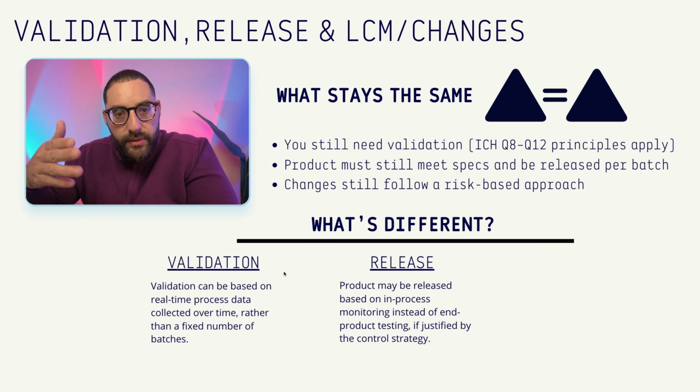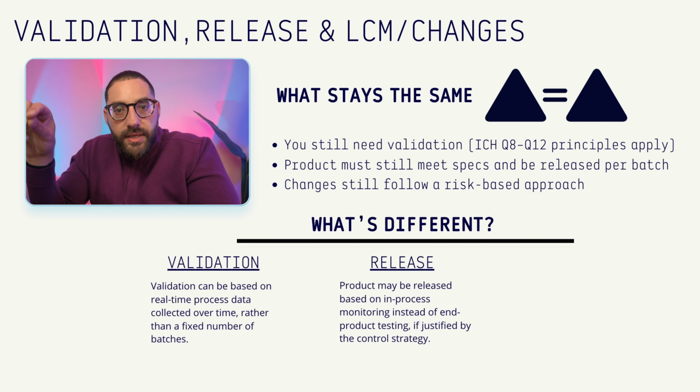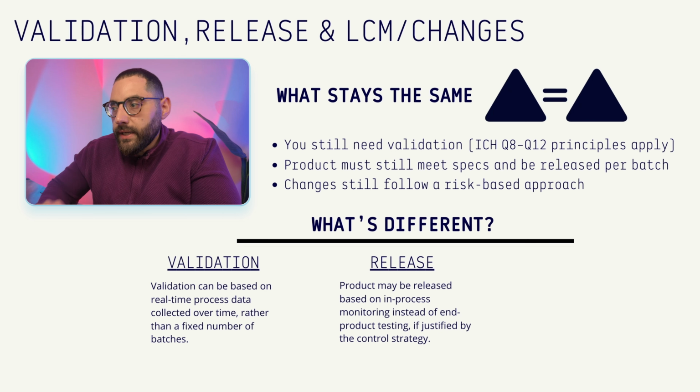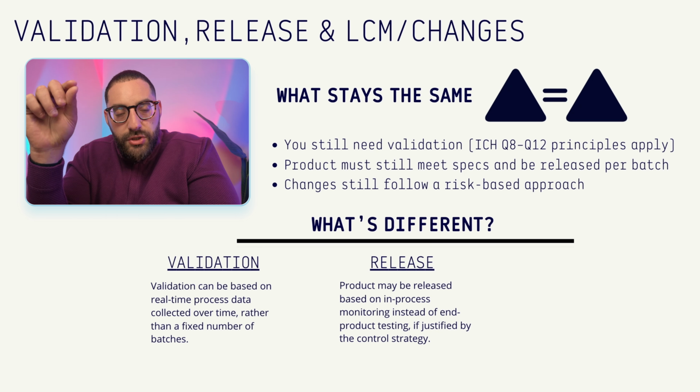But process analytical technology plays a role, like we said, in continuous manufacturing processes, maybe more so than traditional processes. For release, you may use more real-time monitoring rather than finished product release testing after your entire batch has been manufactured, as part of the overall control and release strategy, if you have the justification and scientific rationale to do that.